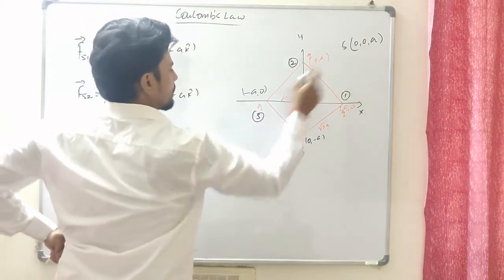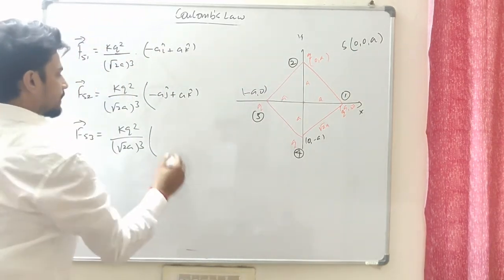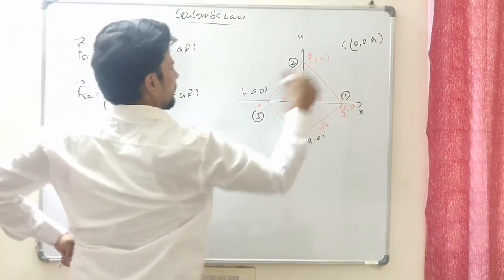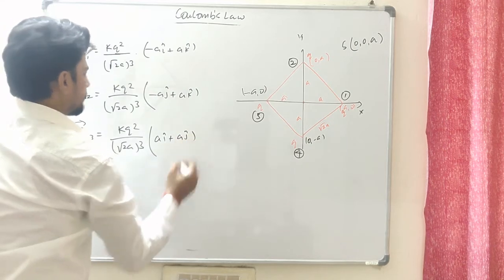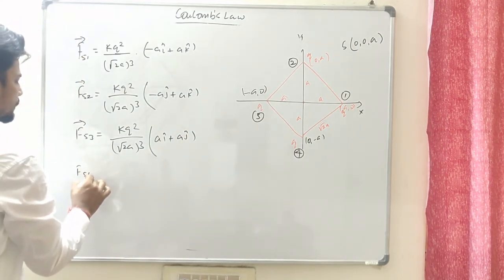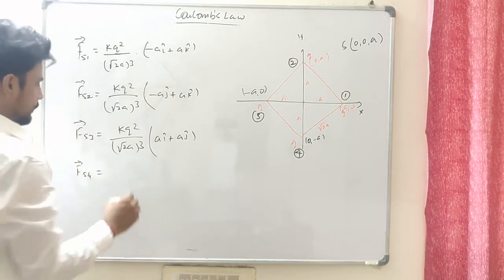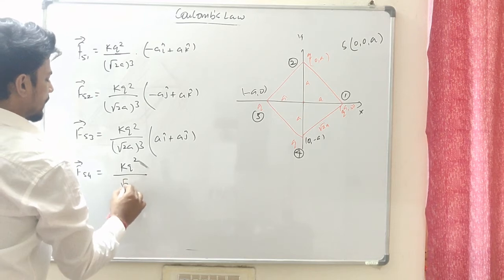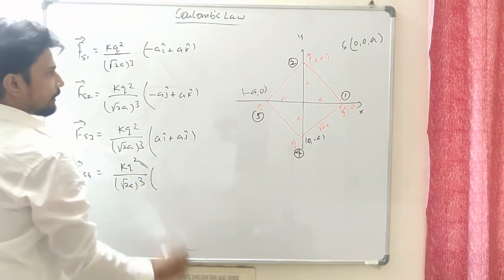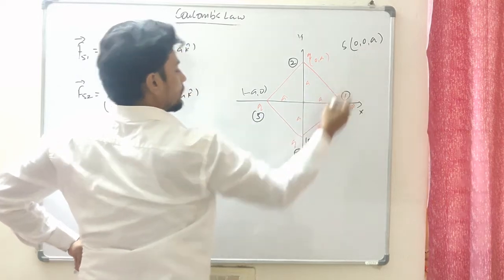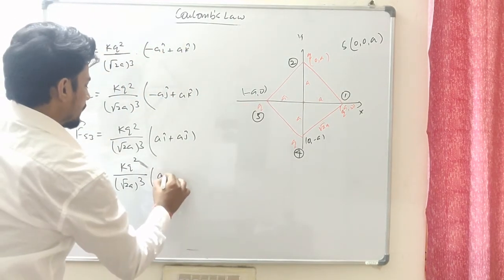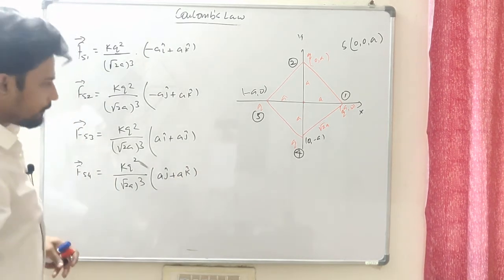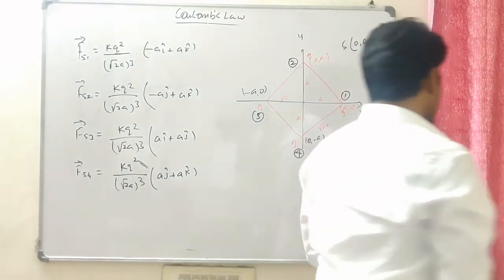Now 0 minus of minus a, so a i cap plus 0 minus 0 a j cap. And the force on 5 due to the charge at the fourth vertex, that should be kq square over root 2 times a whole cube. Now 0 minus 0 is gone, 0 minus of minus a, that's going to be a j cap plus a k cap.